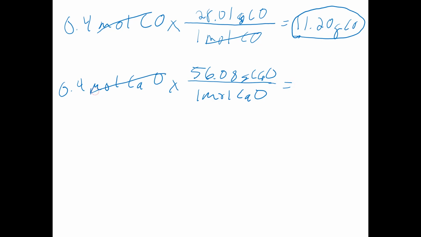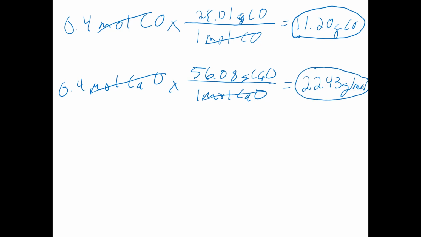So again, moles of calcium oxide cancels with moles of calcium oxide. If you multiply 0.4 times 56.08, put these into your calculator and make sure that you get the same answer I did. If you multiply this out, you should come up with 22.43 grams per mole.